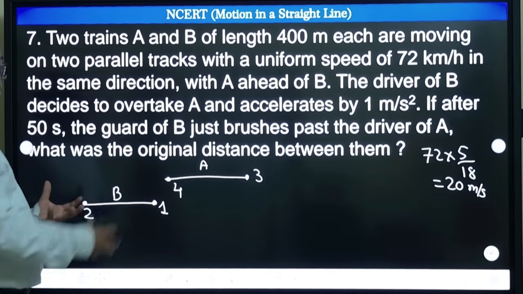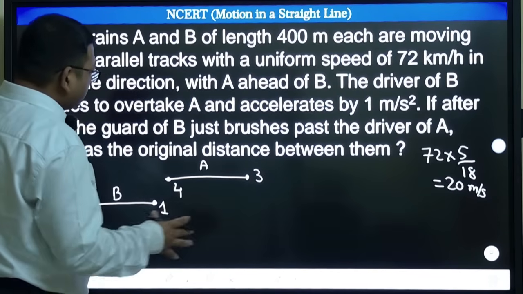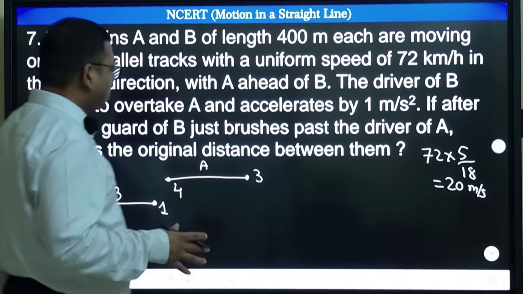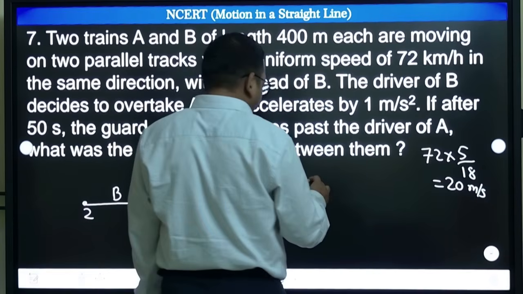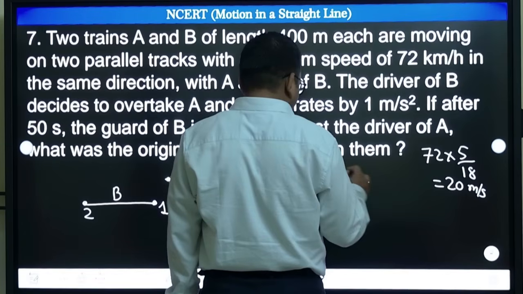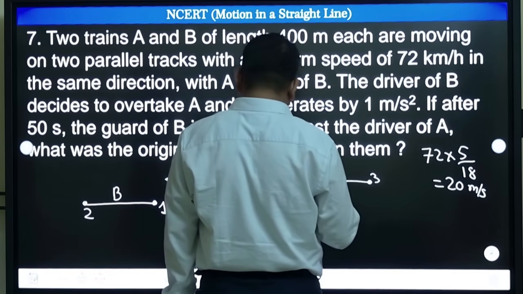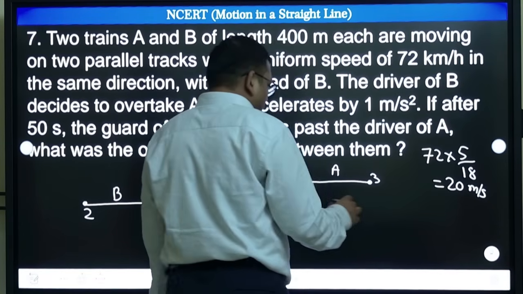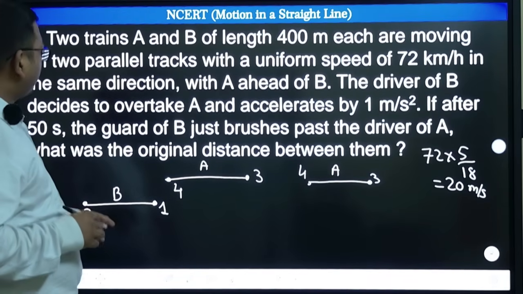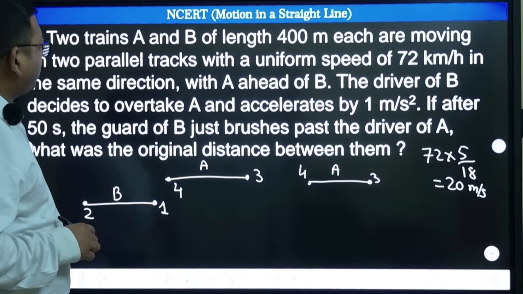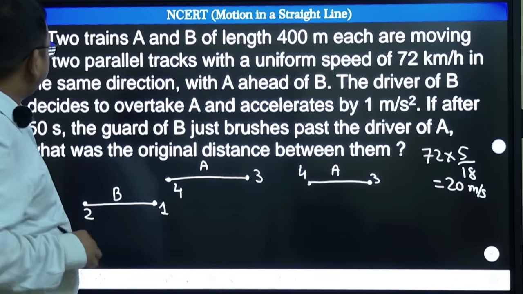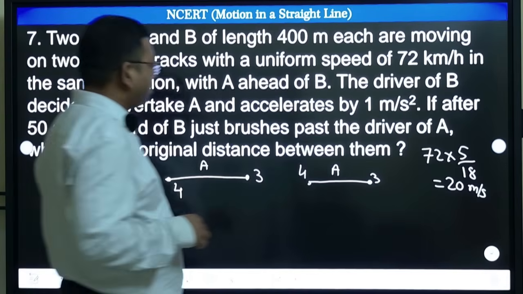So there may be some distance between them, but they are saying that B is overtaking. Overtaking means what? After some time, what is happening? Think about it. So that means here this is A, this 3 will be here, 4 will be here, and they are saying that the guard of B just brushes past the driver of A. Just brushes past the driver of A means what?